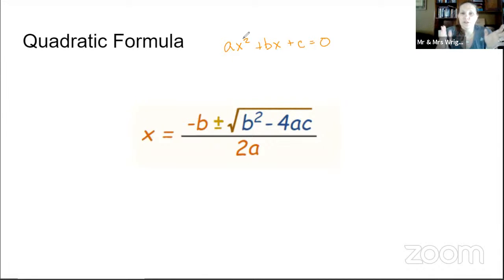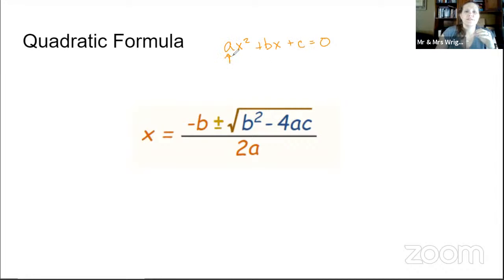When you order it from the highest exponent to the lowest exponent, the coefficient of the first term, the leading coefficient, is a. The middle coefficient is b. And then this is our constant because there's no variable here, and that's c.